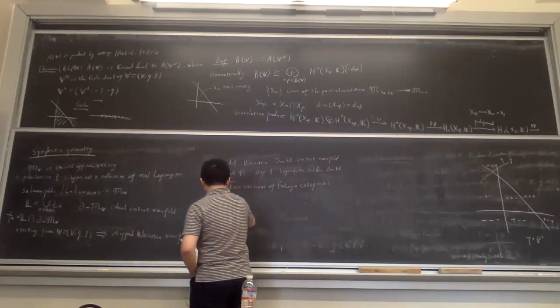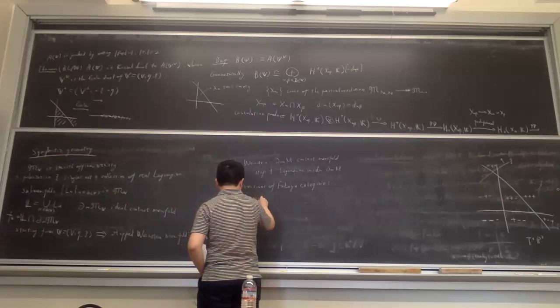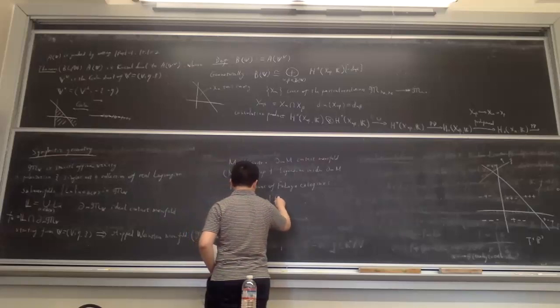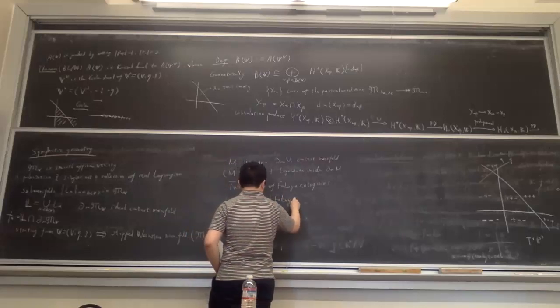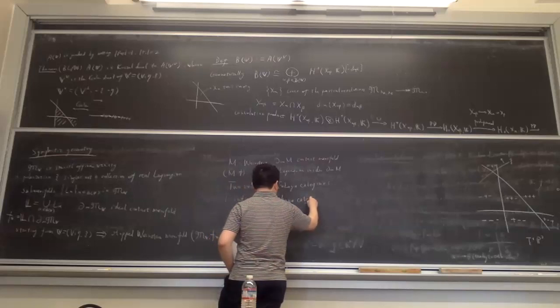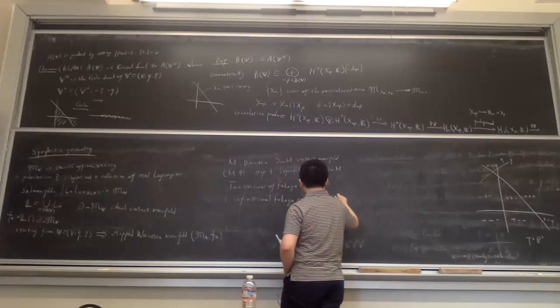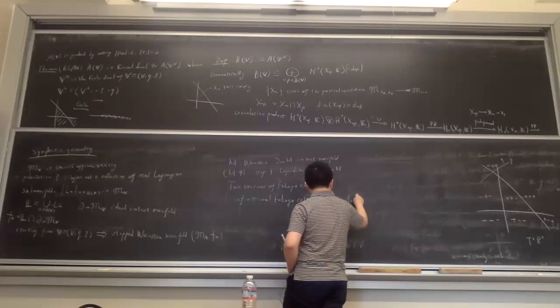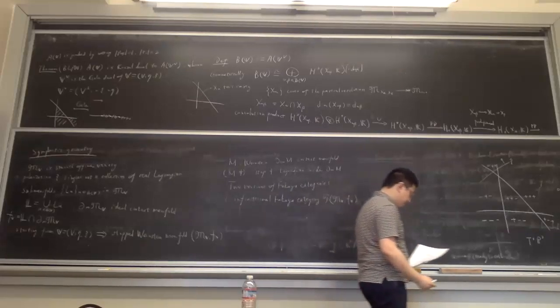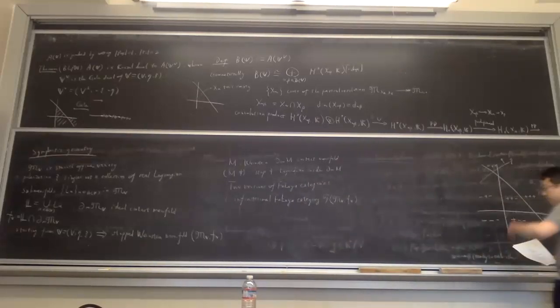The first one is the infinitesimal Fukaya category, which we'll denote by F of this M. Infinitesimal means that you don't wrap at infinity.